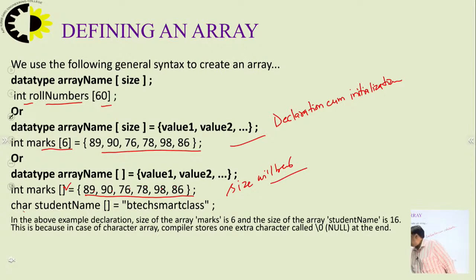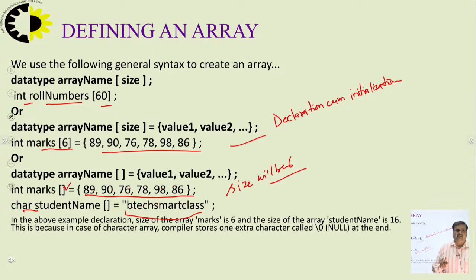We can have a character array, like character student name, and if we want to give a string, we need to use double quotes. So we are giving the batch BTech Smart class in double quotes, and that will be stored in student name. But here what will be the size? 1, 2, 3, 4, 5, 6, 7, 8, 9, 10, 11, 12, 13, 14, 15.